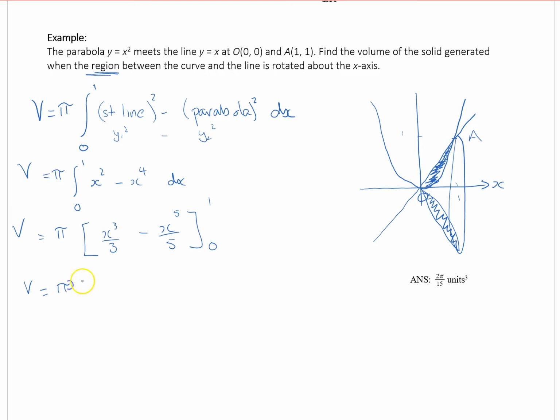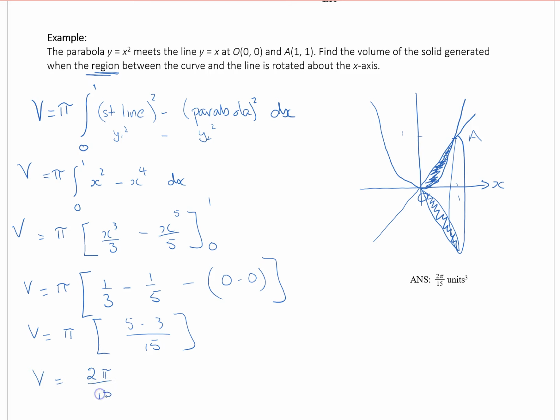So the volume is pi times 1/3 minus 1/5, and subtracting 0 minus 0 won't have any impact. In terms of 15ths, we've got 5 minus 3, which is 2/15. So it's 2 pi on 15 units cubed.